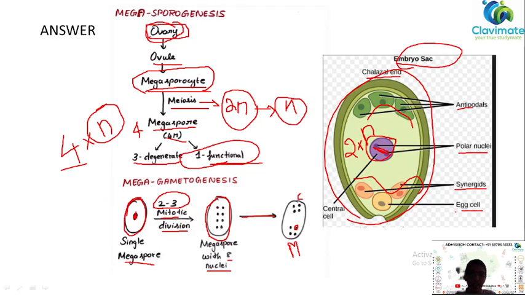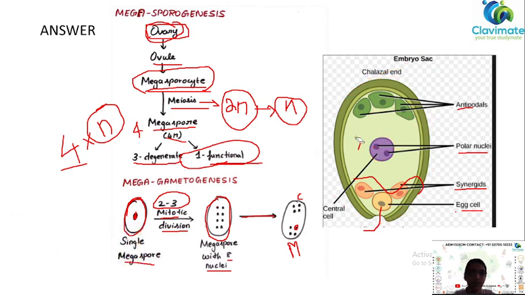The pollen tube will enter through the micropyle and reach the egg cell. So in the pollen tube you have two generative cells.